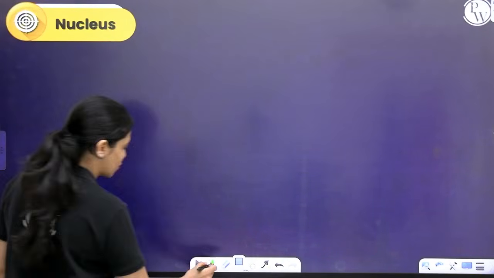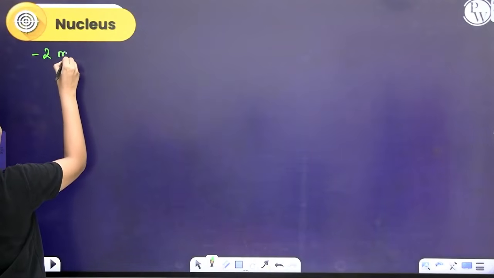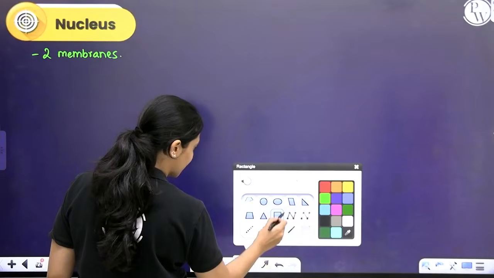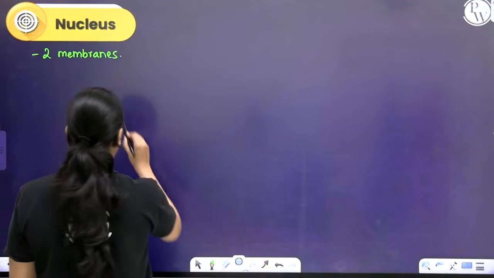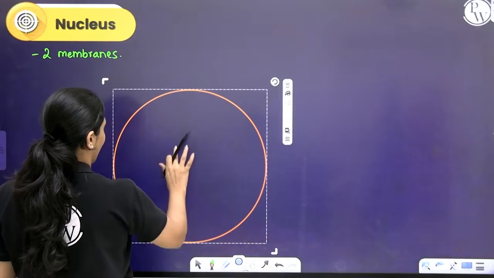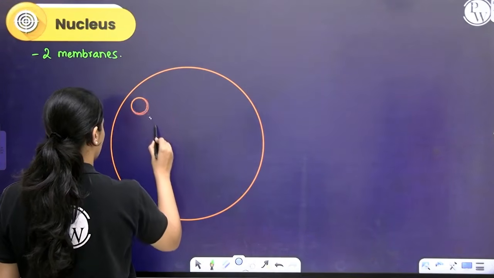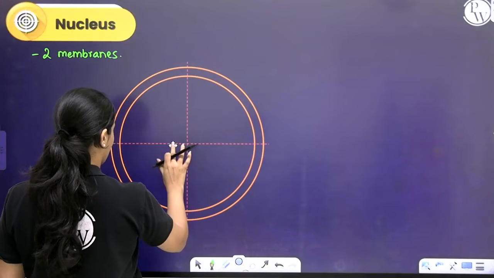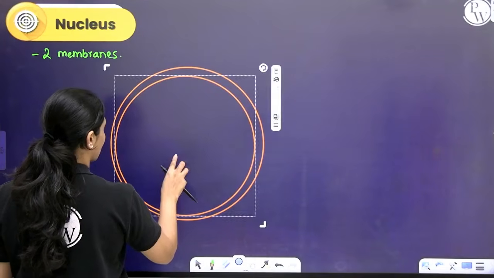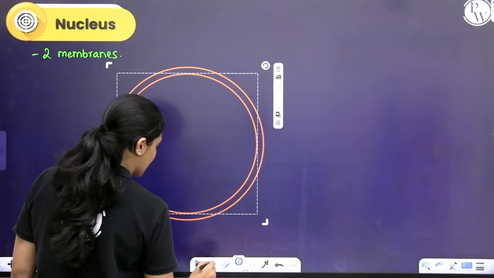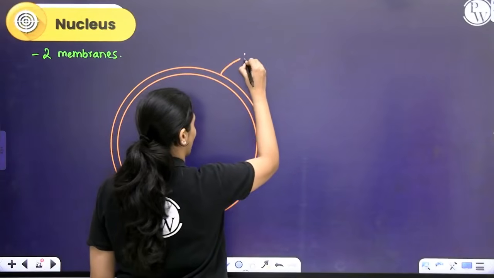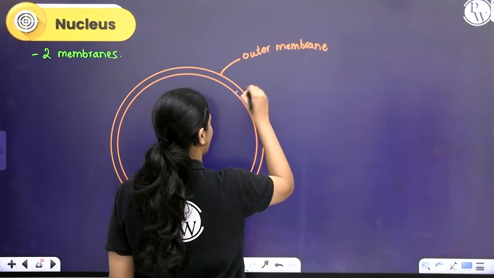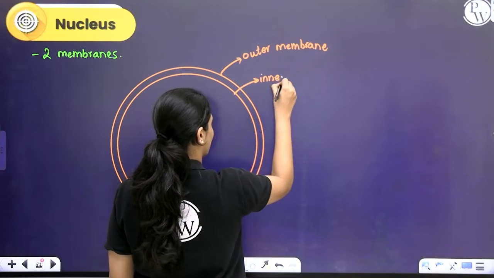Let's talk about its structure. The nucleus also is bound by two membranes similar to mitochondria and chloroplast. You have the outer nuclear membrane and you have inner nuclear membrane. So this is outer membrane and inside that you have the inner membrane.